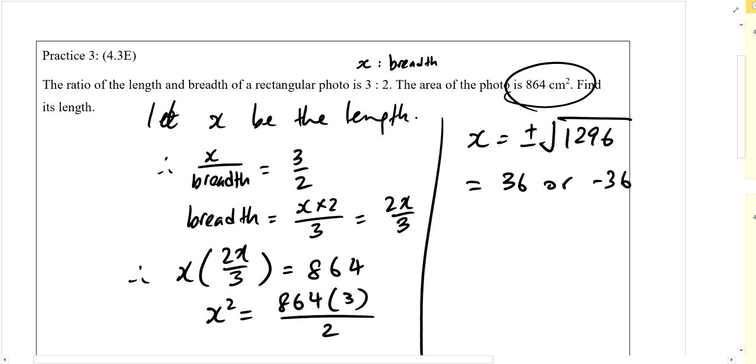Can we have both as the answer? Which one must be rejected? Why must the negative be rejected? Length cannot be negative. Okay, good, that's it. So x equals 36, length equals 36 cm.